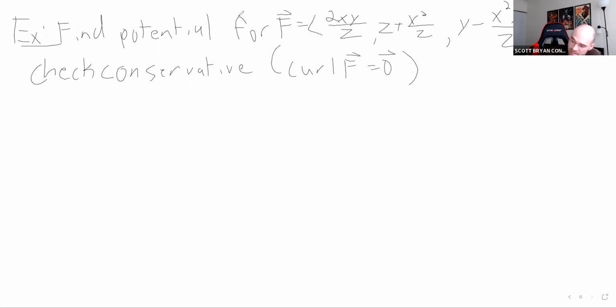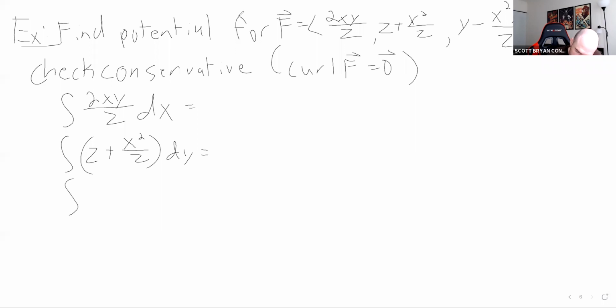Okay, so we want to find a potential function. So we integrate the first component with respect to x. We integrate the second component with respect to y. And the third component with respect to z, and we splice everything together.